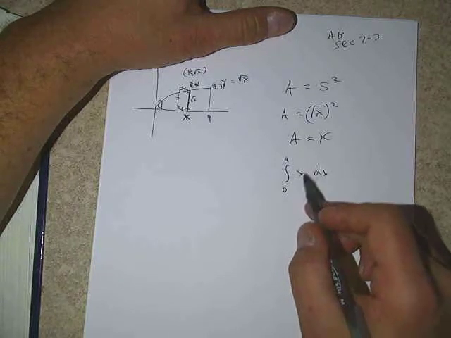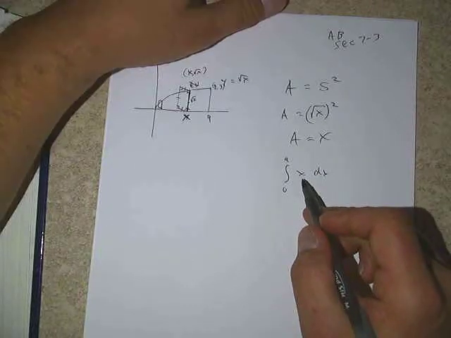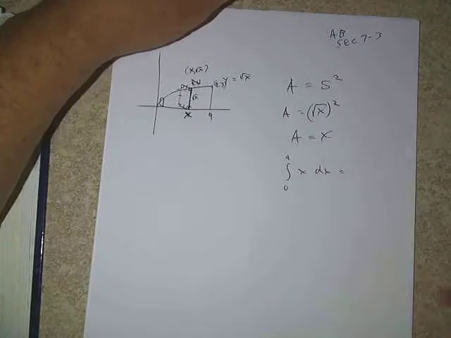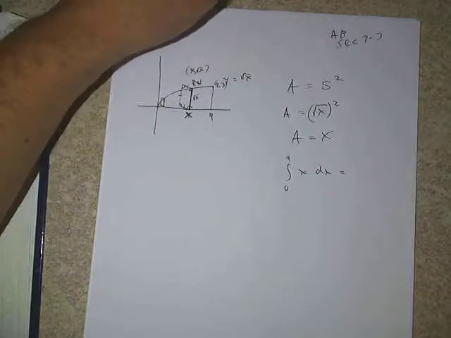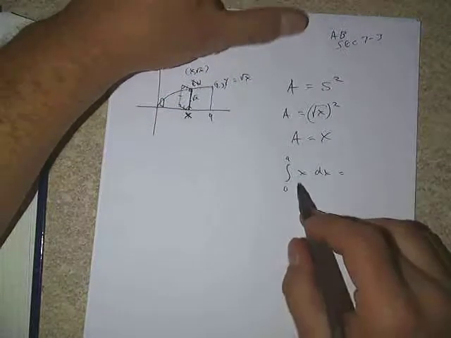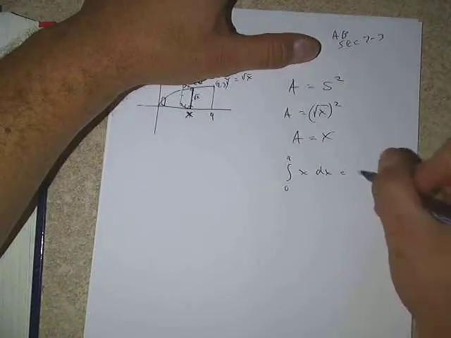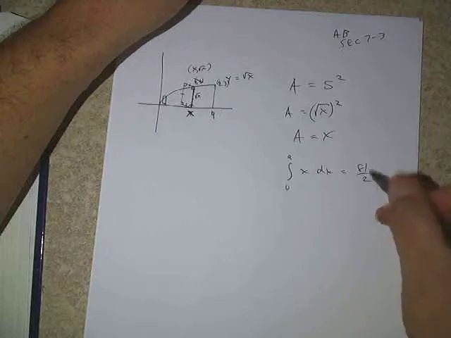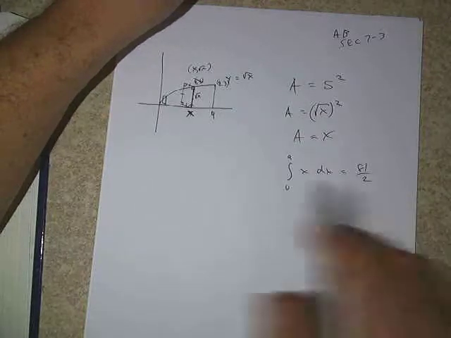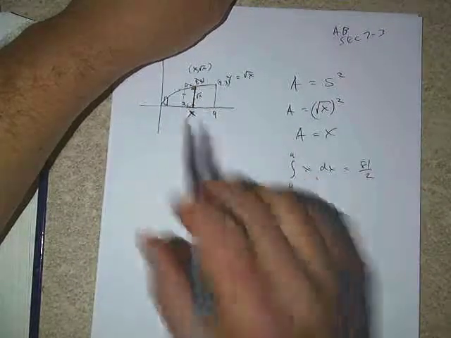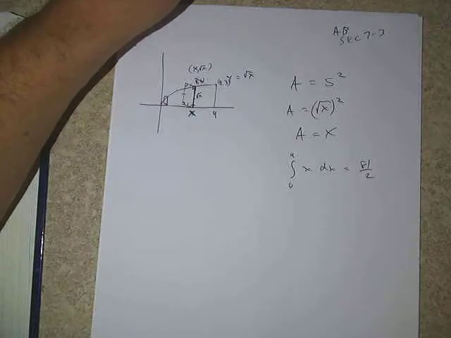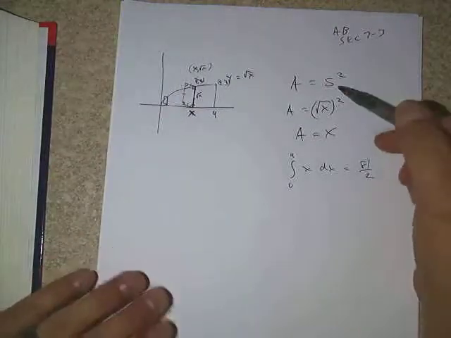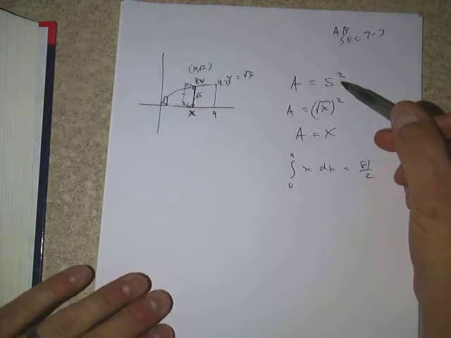We could have written in here radical x squared, because our side length of any given square is radical x, but really that's just x. True? So if we calculate, and again the thickness being dx because it's infinitely thin, then we can figure out what our answer is here. If we do our x squared over 2, we're going to get 81 halves. And that right there is going to be the volume of a solid that's generated by making squares out of this region.